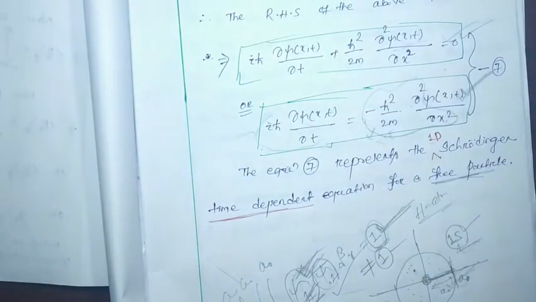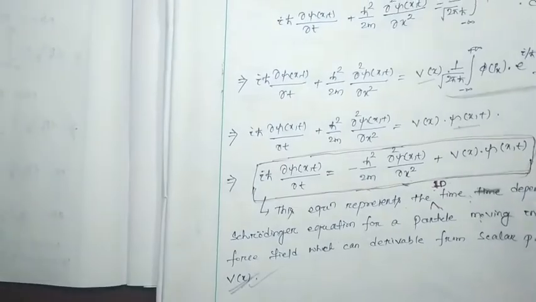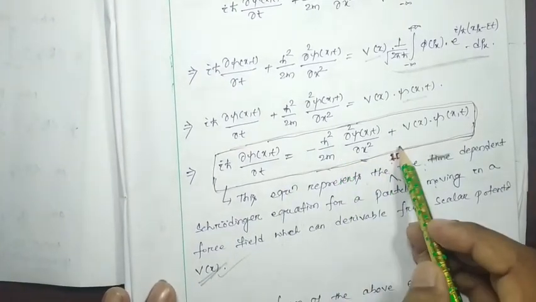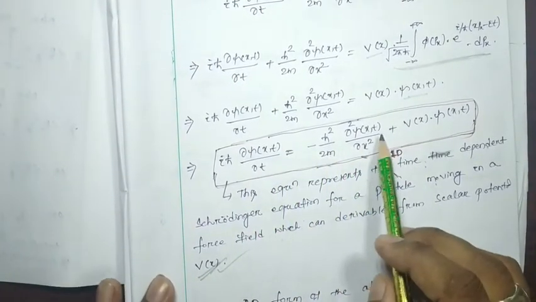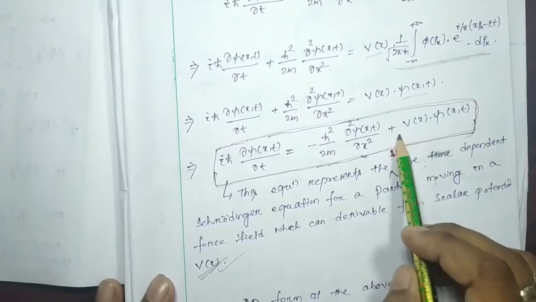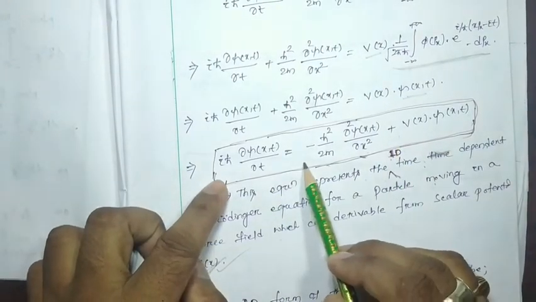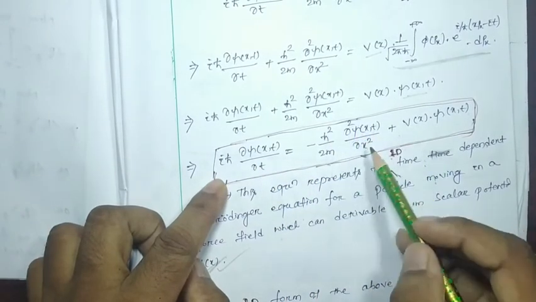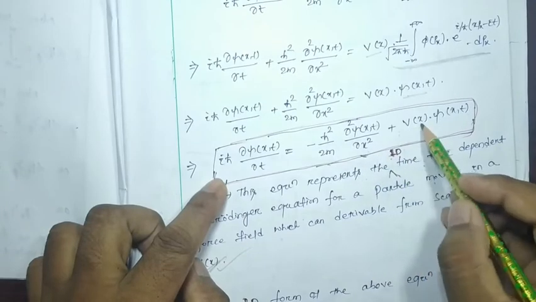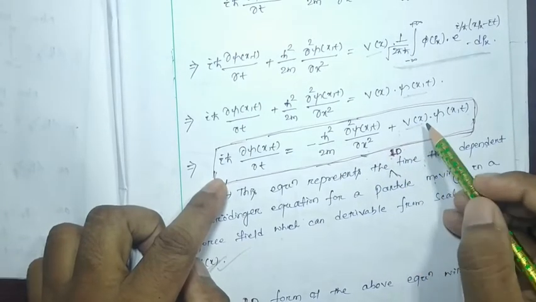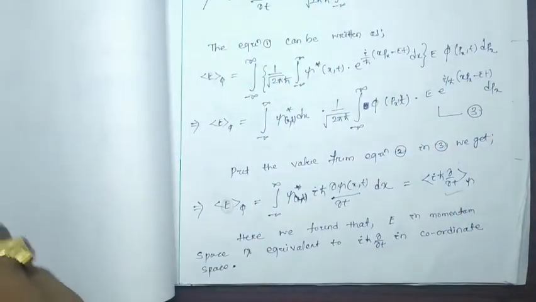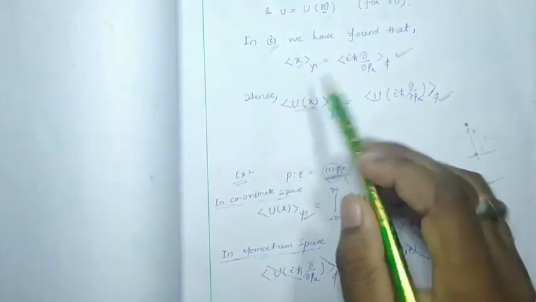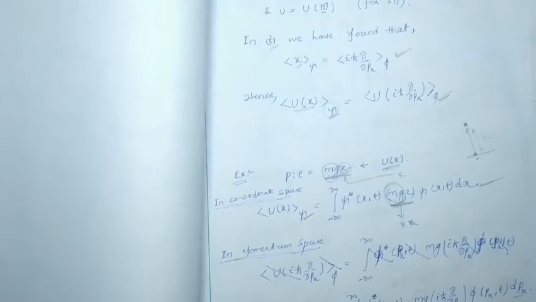Also, if we consider both kinetic energy and potential energy, there is no free particle. For the bound particle, the time dependent Schrödinger equation is iħ del psi(x,t) by del t equals minus ħ square by 2m del square psi(x,t) by del x square plus V(x). Actually here I represented V(x) as the potential energy, but here I have written U(x). The symbol does not matter; you have to accept that here U(x) is the corresponding potential energy.